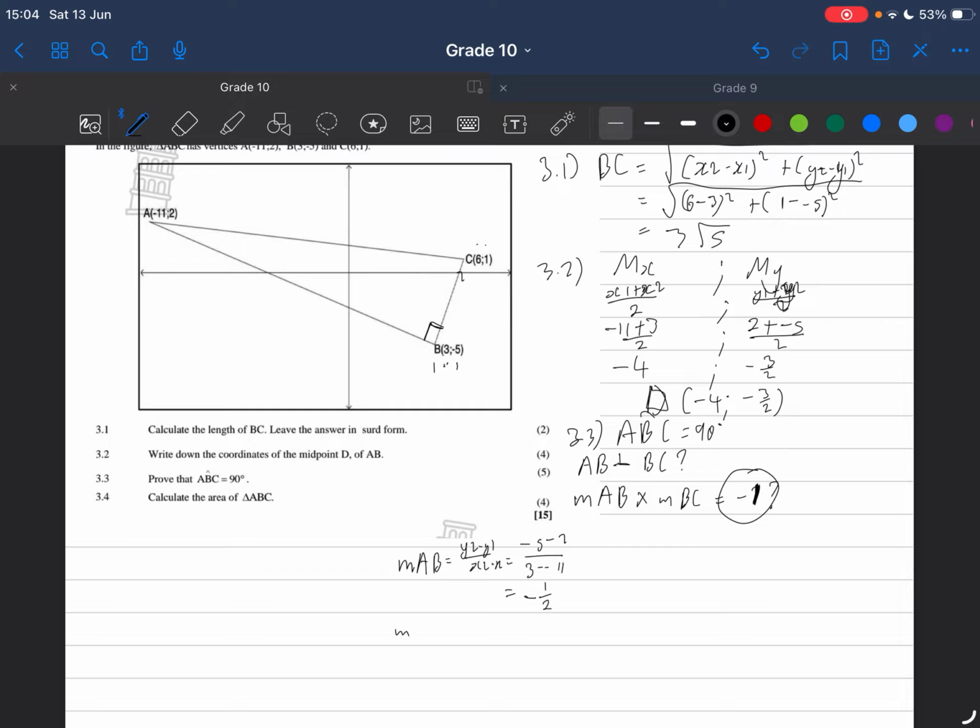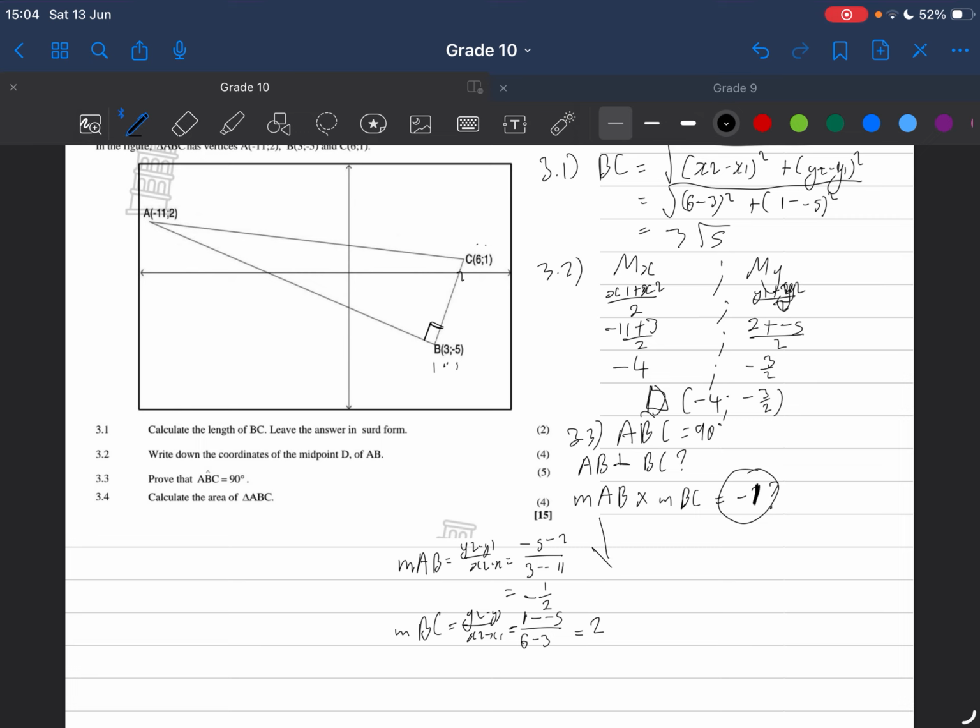Then we need to find the gradient of the other line, BC. So y2 minus y1 over x2 minus x1, and that's equal to 1 minus 5 over 6 minus 3, and that's going to give you 2.